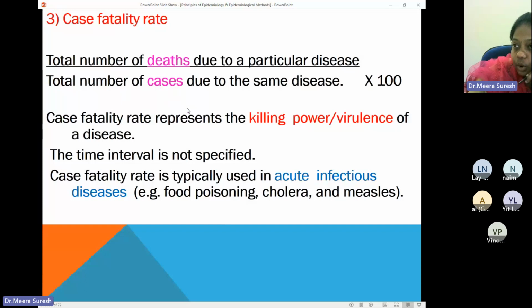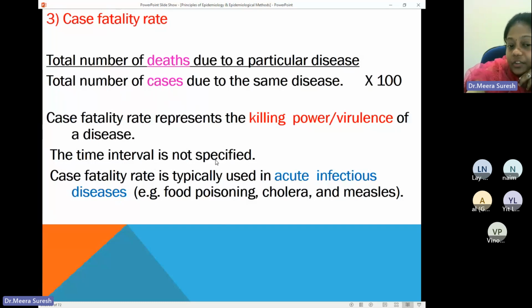So it became a more refined one, you can say. So among the people who are diseased, how many people died? That is what case fatality rate indicates. Fatality means how much danger it is, or it represents the killing power or virulence of a disease. So that is the importance of case fatality rate.